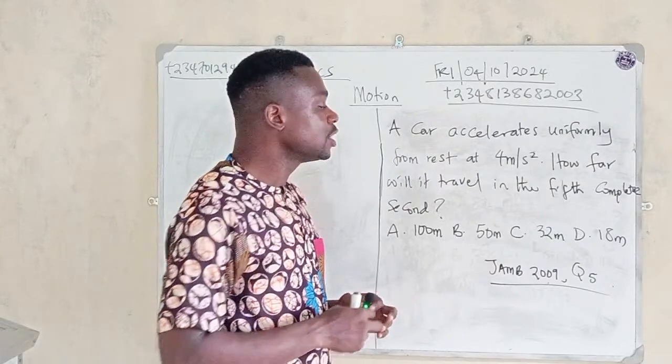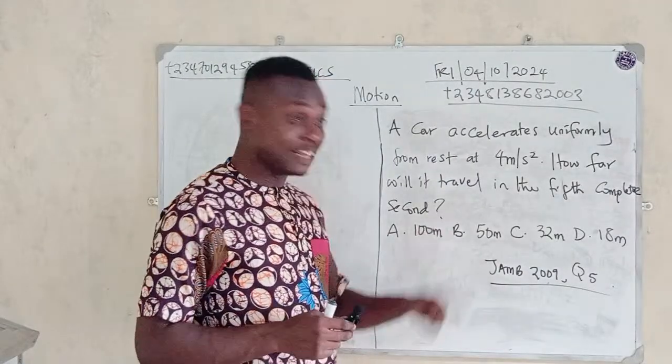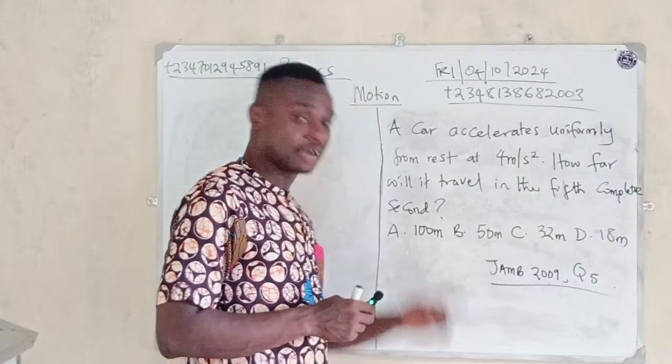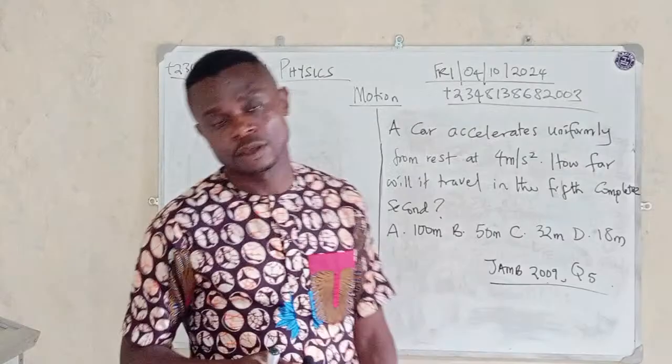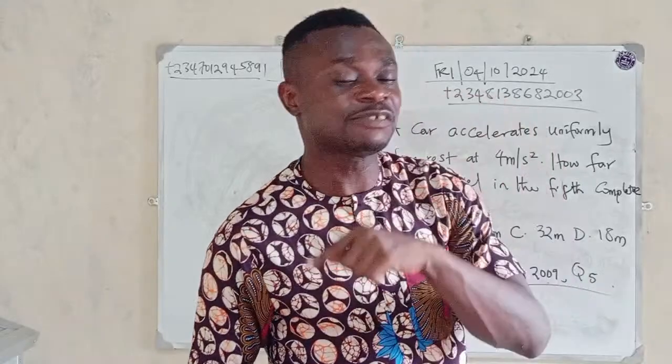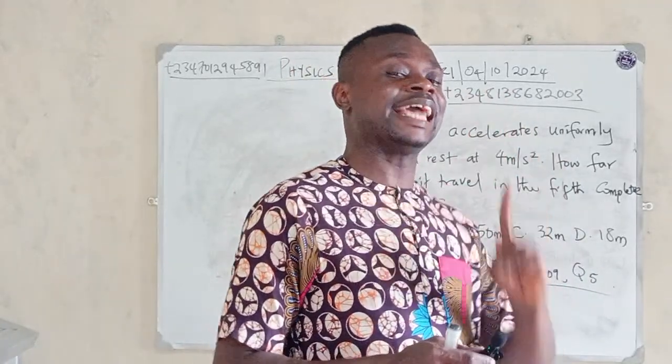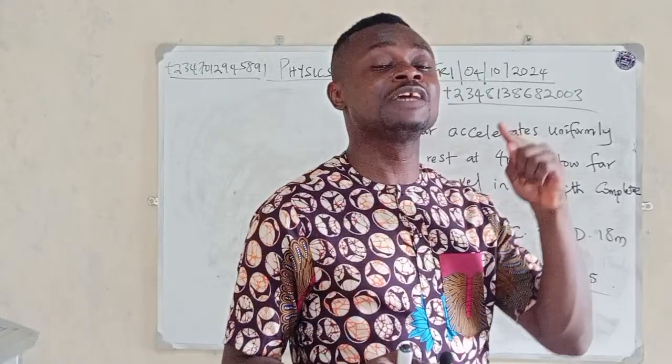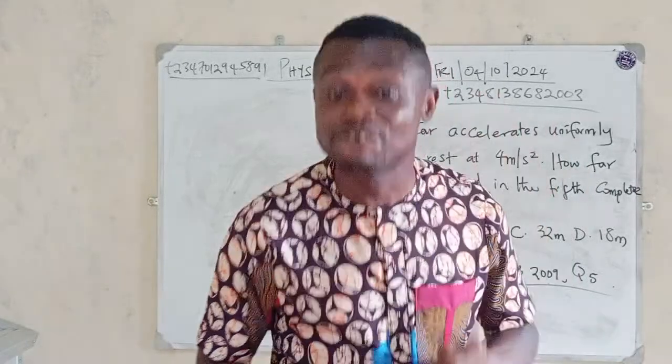That will give you the distance traveled in the 5th complete second. Whatever parameter you are finding in 5 seconds minus that in 4 seconds will give you the value of that parameter in the 5th second.